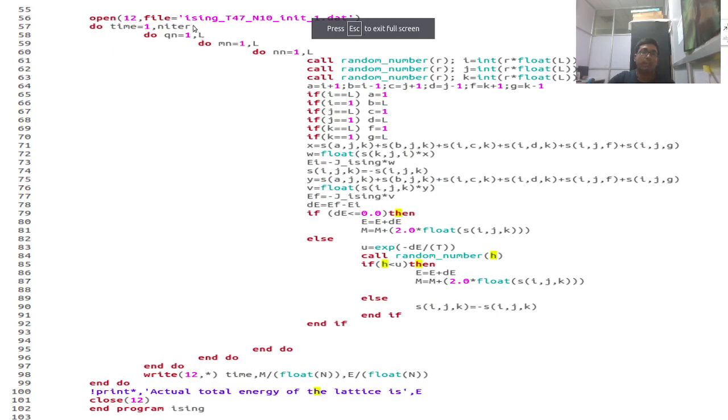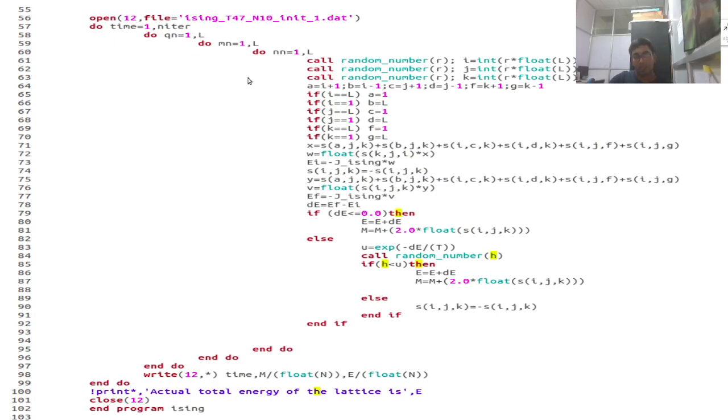Now what I am doing is, here you see that I am opening another file, and this time, since my initialization is already completed, I am going to do the Monte Carlo steps 50,000 times, and I have put niter to be 50,000.